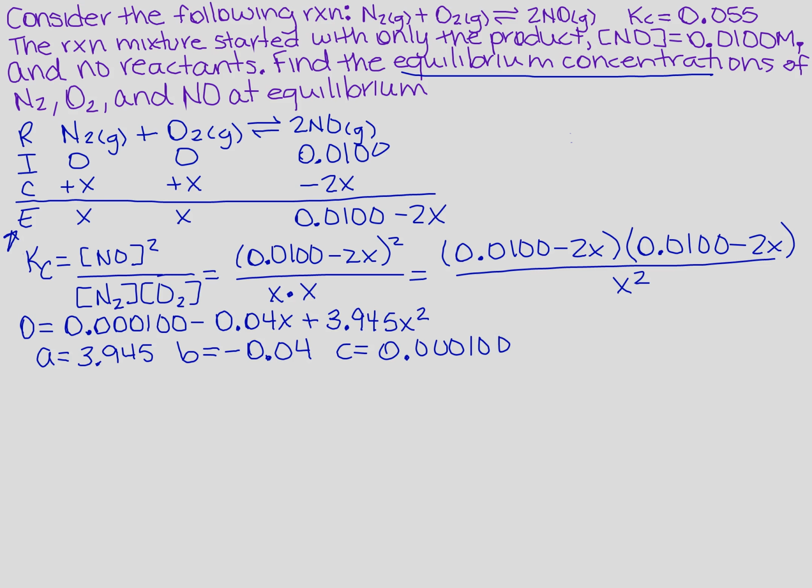So now what you need to do is you need to plug that into the quadratic equation. What is the quadratic equation? Remember, that's X equals minus B plus or minus the square root of B squared minus 4AC all over 2A.